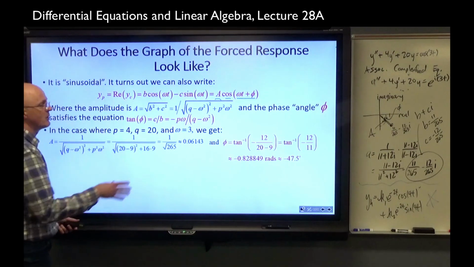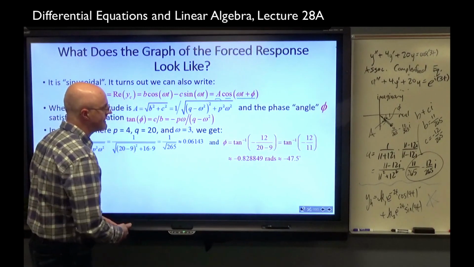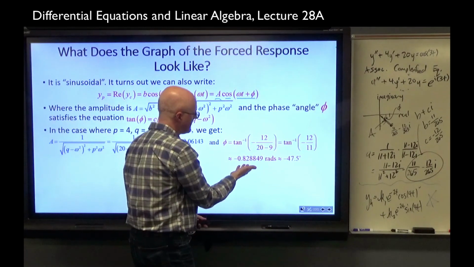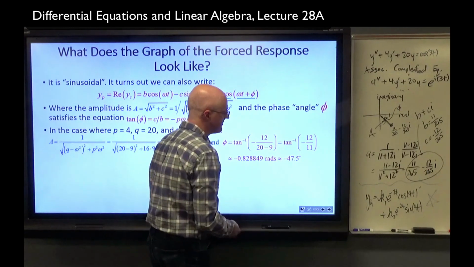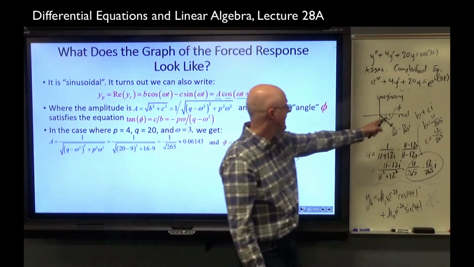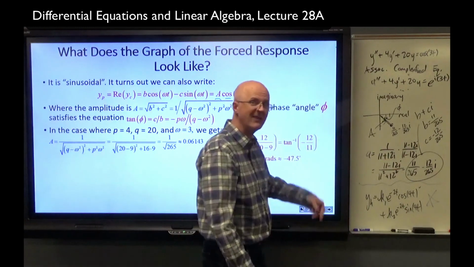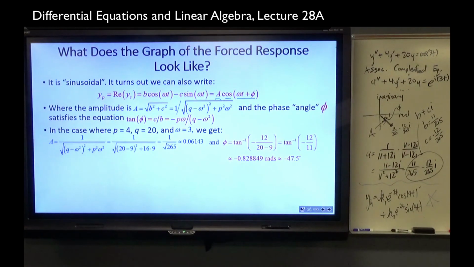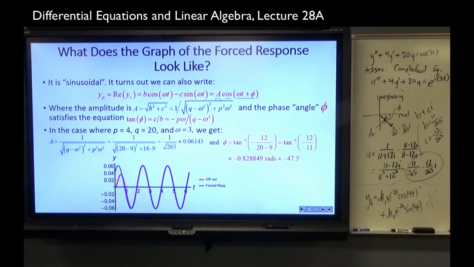The inverse tangent will give us an angle in that fourth quadrant. In this case, in terms of radians, it would be about negative 0.83. In terms of degrees, it's about negative 47.5. This angle is about negative 47.5, a negative sign because it's clockwise. Positive angles are counterclockwise.